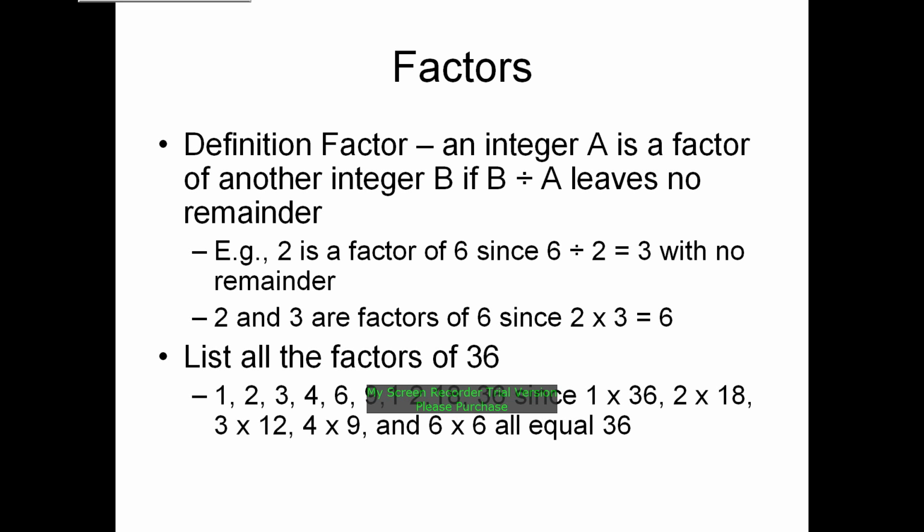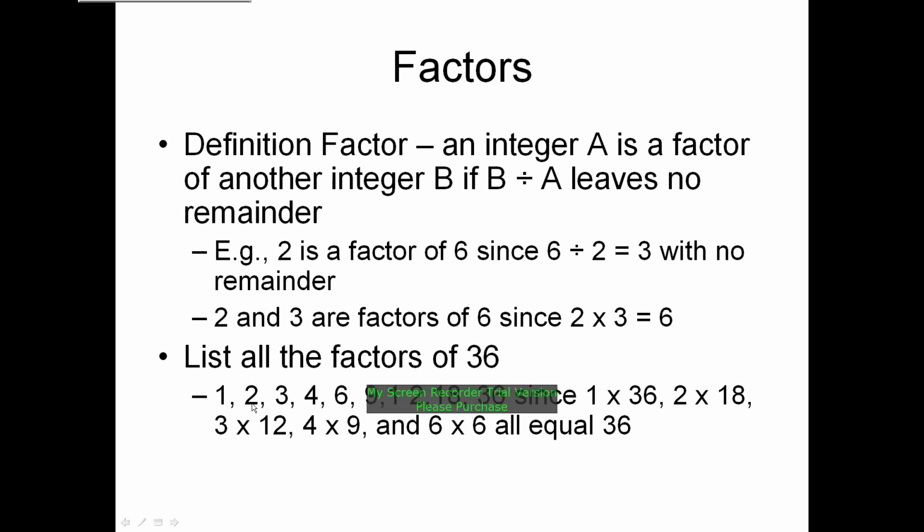At times you may be asked to list all the factors of a number. So for example, here we're listing all the factors of 36. This is how I do it. First of all, you know that, except for 1, there will be at least 2 factors, the number and 1. So we have 1 times 36, so 1 and 36 are factors.